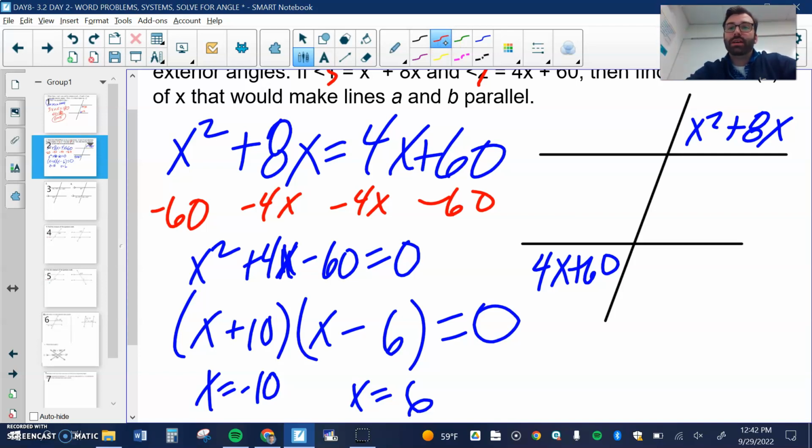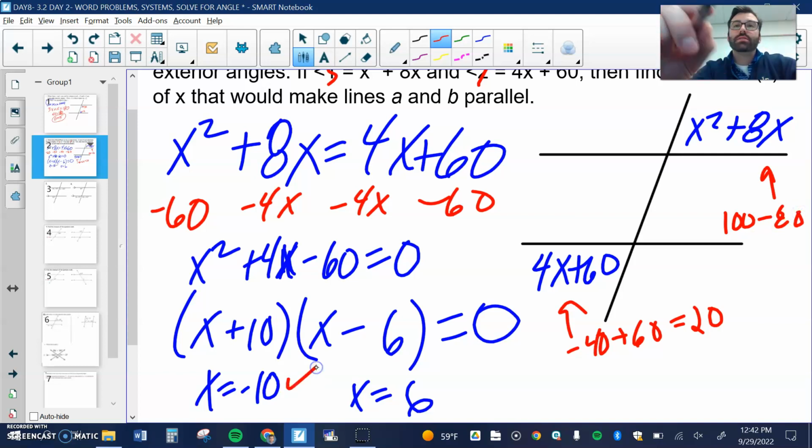So if I plug negative 10 in here, I get negative 40 plus 60, which is 20. So that actually checks out. If I plug in negative 10 here, I get 100 minus 80. So negative 10 checks. All right, what if I plug in 6?